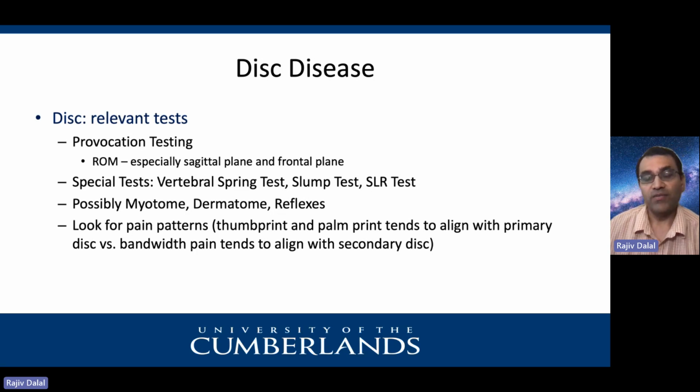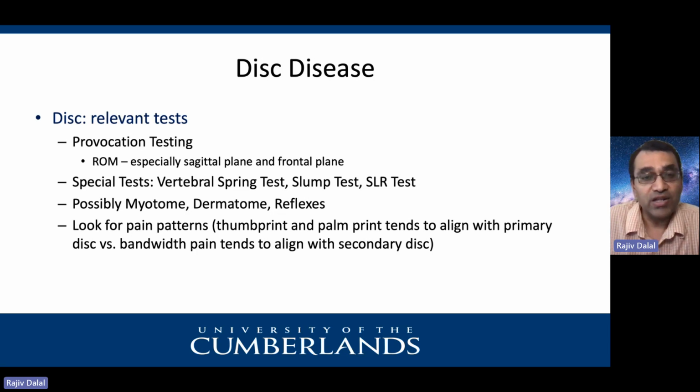So a lot of times if that's involved, like for example, if they have an internal disc disruption, which is a type of primary disc disease, a patient will come in and you ask them to point to the pain, they'll take their thumb or their index finger and they'll place it on a specific spot on their low back. And so we call that a thumbprint pattern of pain. And that doesn't definitively mean they have internal disruption or primary disc disease, but it's a good supportive piece of evidence that that may be what's involved.